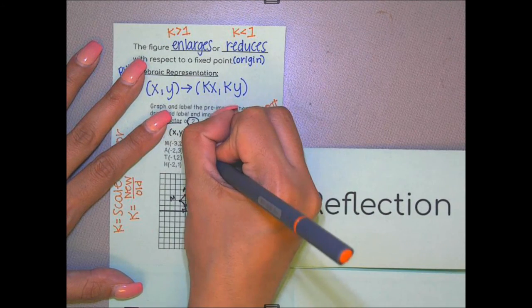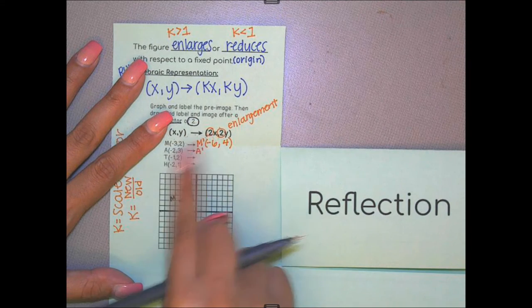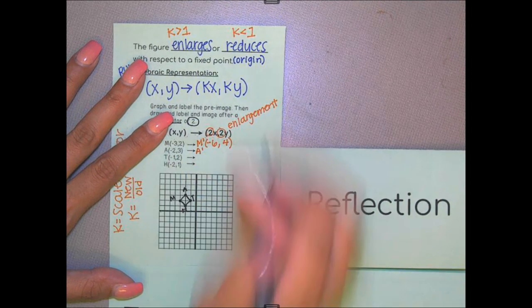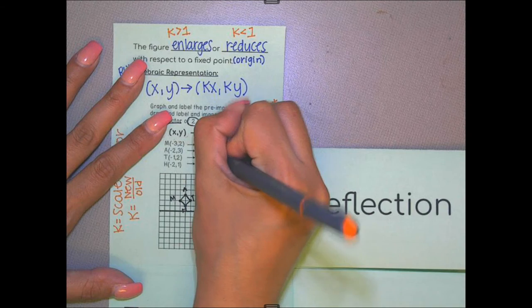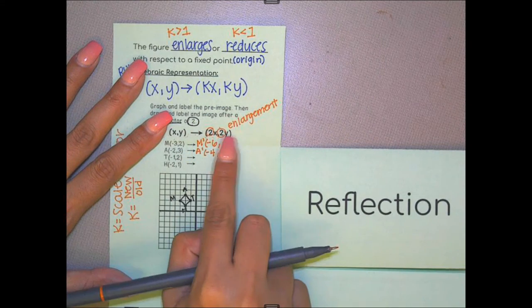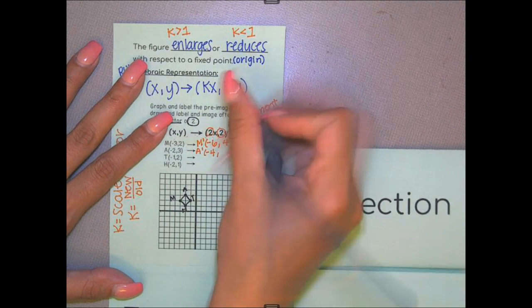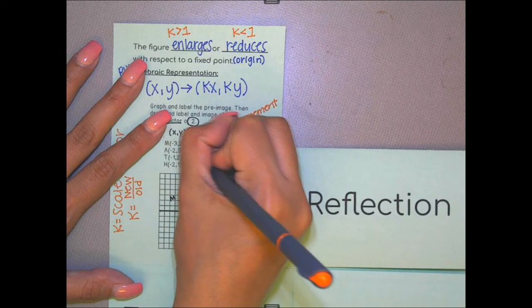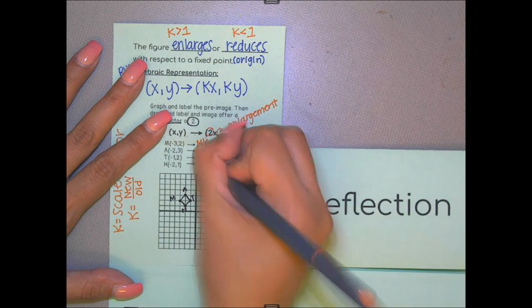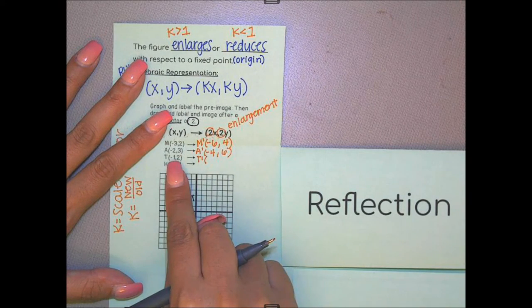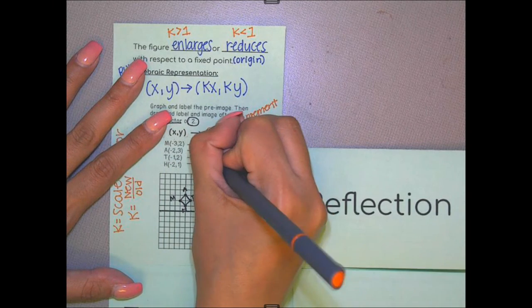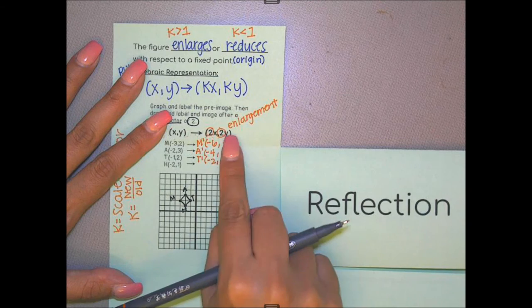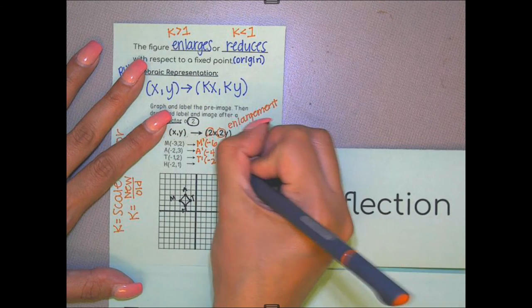For A prime, I'm going to do 2 times negative 2, and I get negative 4. Then 3 times 2 gives me 6. My T prime will be 2 times negative 1, or negative 2, and then 2 times 2, which gives me 4.